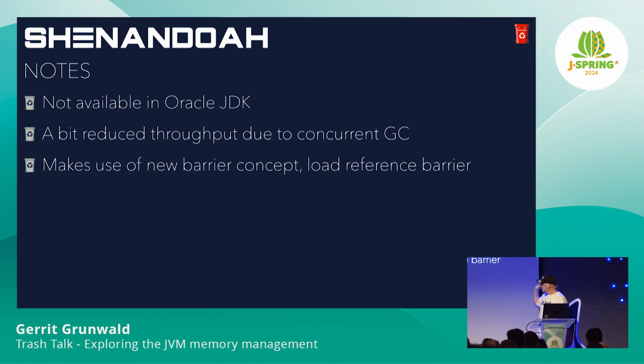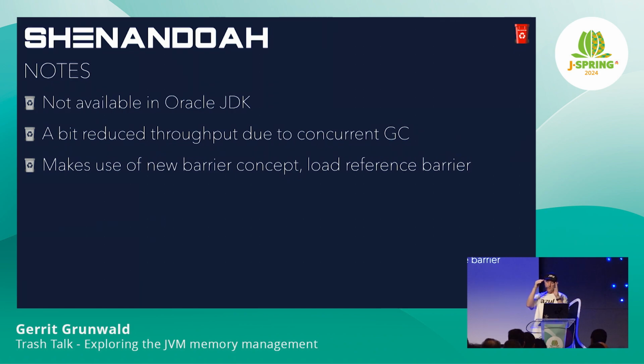You have a little bit of reduced throughput, and that is for all the concurrent collectors. And the reason is simple. I'm going back to the 10 threads. I have 10 threads running on my application. We have a concurrent collector. That means I don't stop the world for garbage collection. That means these 10 threads run the application, and they do the garbage collection at the same time.